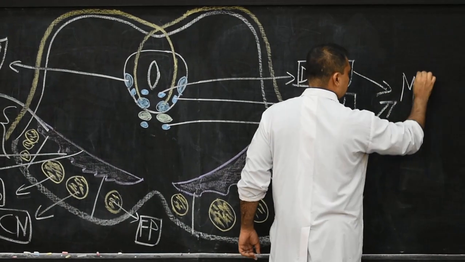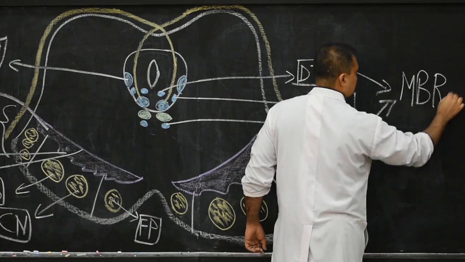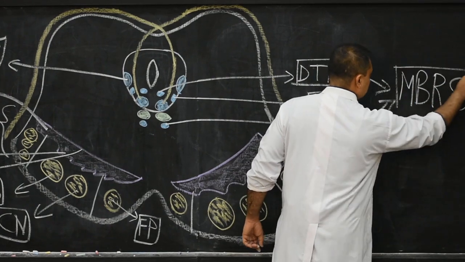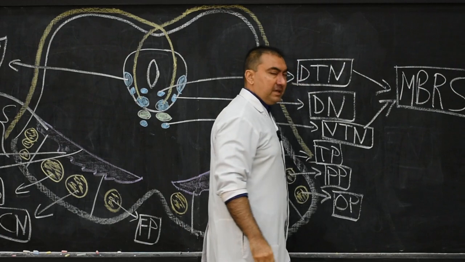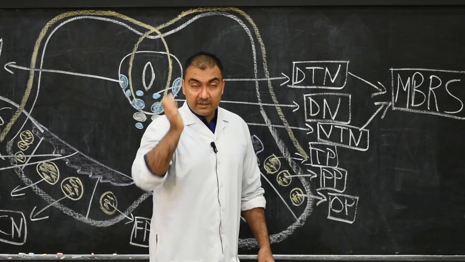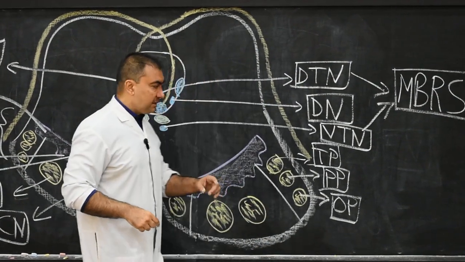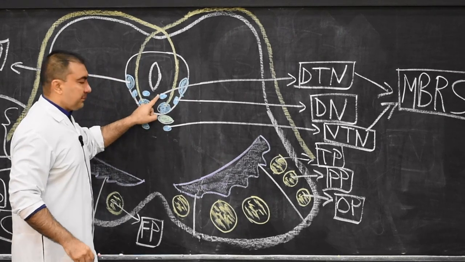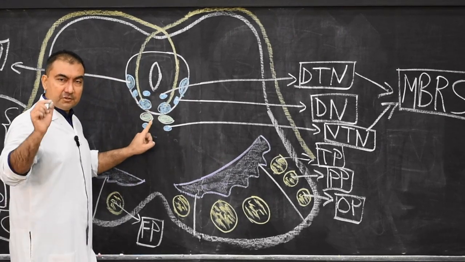Midbrain reticular system. So therefore the midbrain reticular system is nothing but collection of ventral and dorsal tegmental nuclei. See the location should be very perfect.